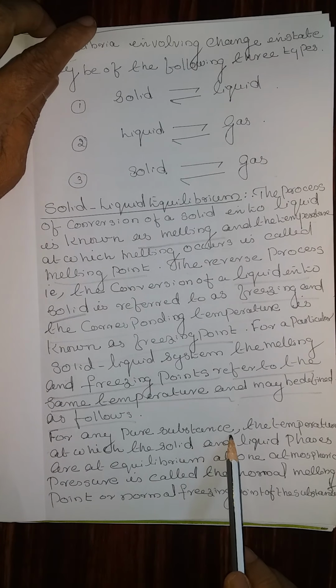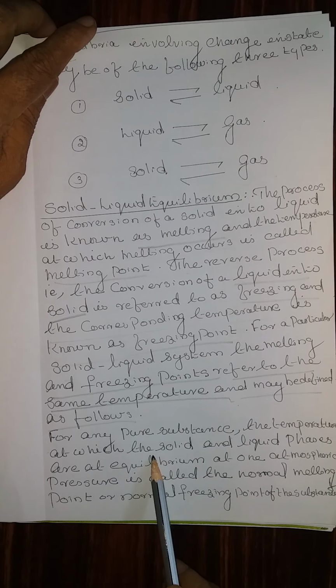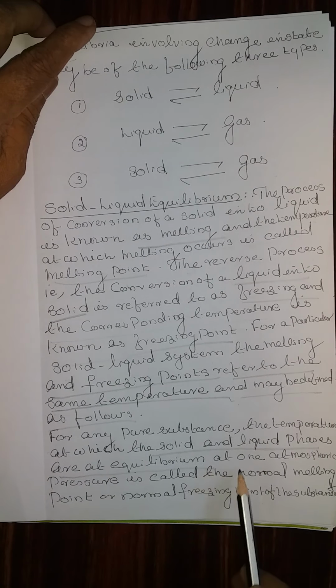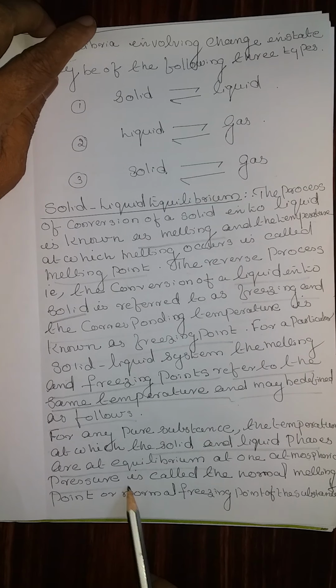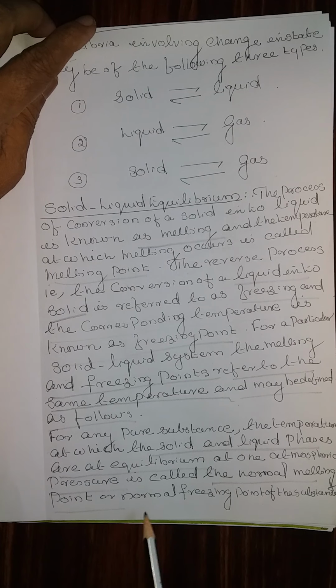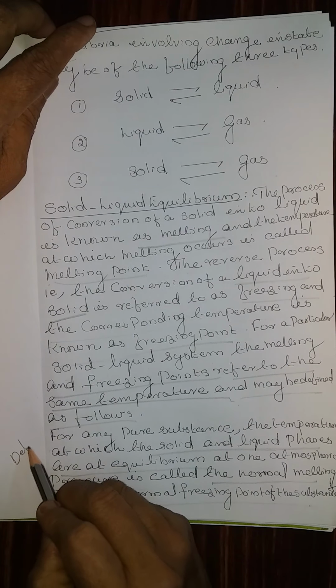For any pure substance, the temperature at which the solid and liquid phases are at equilibrium at 1 atmospheric pressure is called the normal melting point or normal freezing point of the substance. Definition.